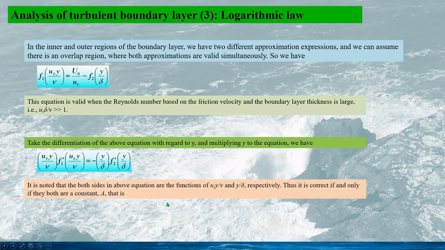From this equation, it can be seen that on both sides of the equation, there are functions of the non-dimensional parameters u tau y divided by nu and y divided by delta, respectively. As such, the equation holds correctly if and only if they both are a constant a, given as this equation.